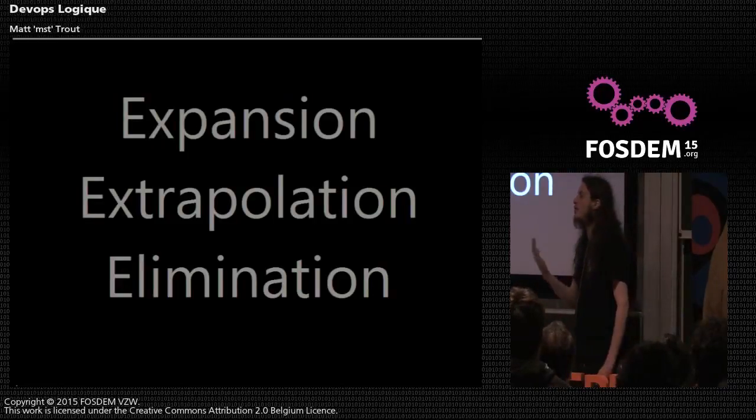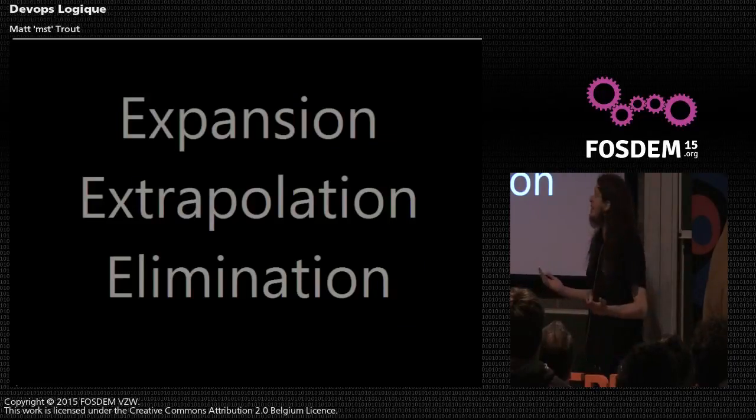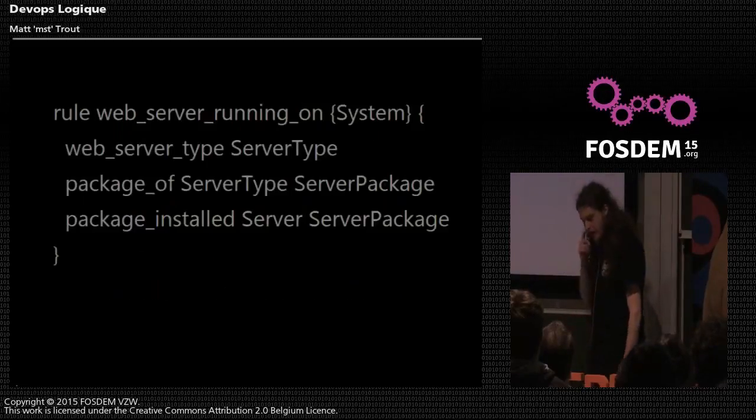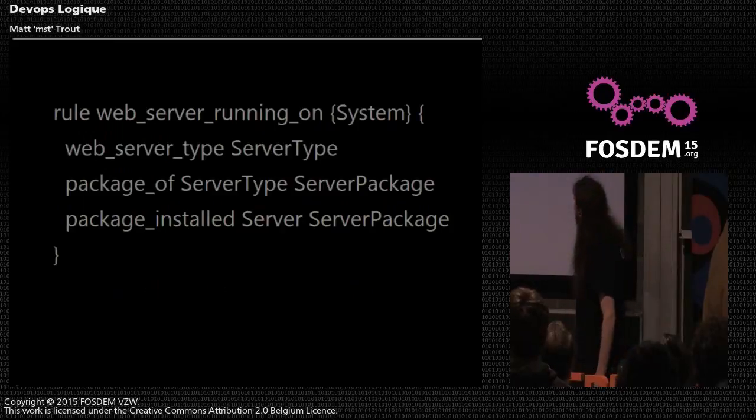And then, what do you do to be able to solve an equation? You can expand it to a set of simpler equations. You can extrapolate values, and you can eliminate terms that are now obviously true. So web server running on system can be, okay, there is some valid web server type.